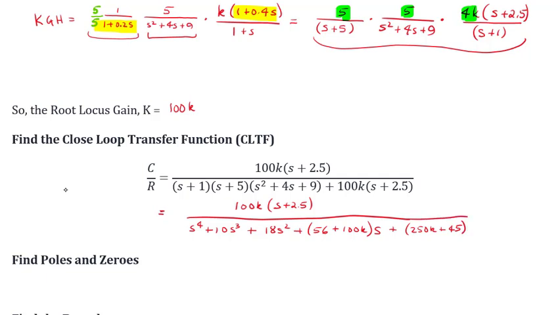So, kind of a complex looking thing. It's a 4th order.